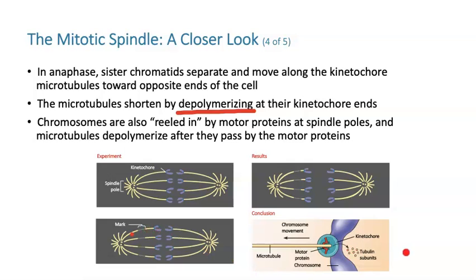So this happens when we have that depolymerization. It's kind of crunching off these little subunits of the microtubules. So chromosomes are also reeled in by motor proteins. So we've got some motor proteins coming along here and pulling the spindle fiber through. Once it gets pulled through, then it breaks down.